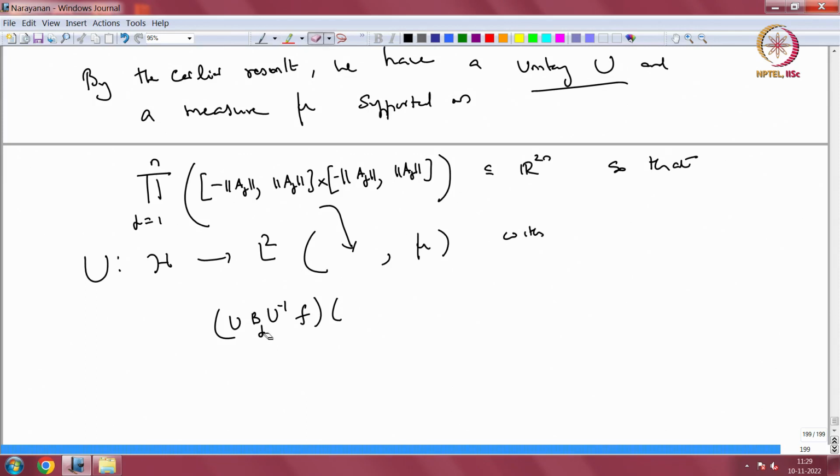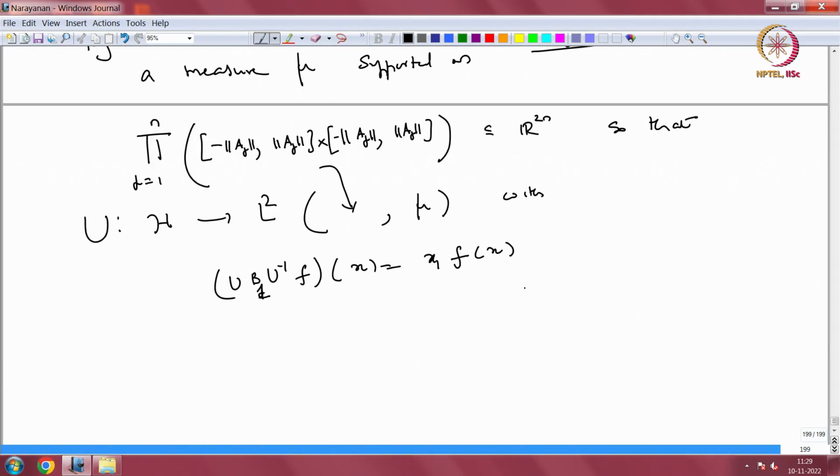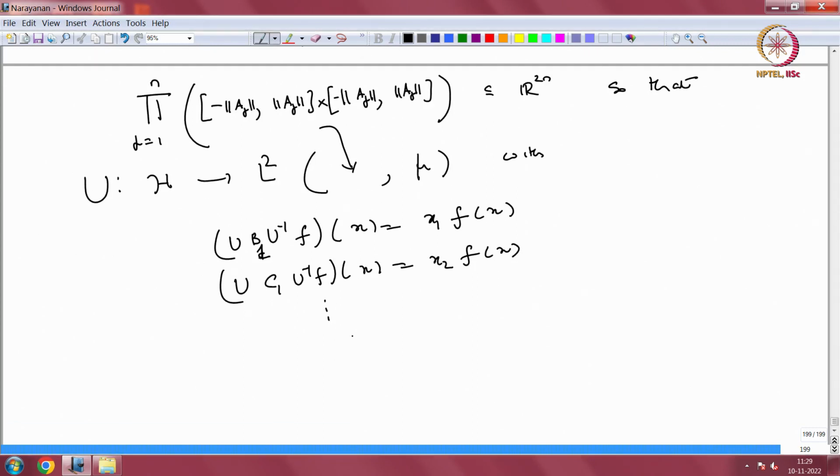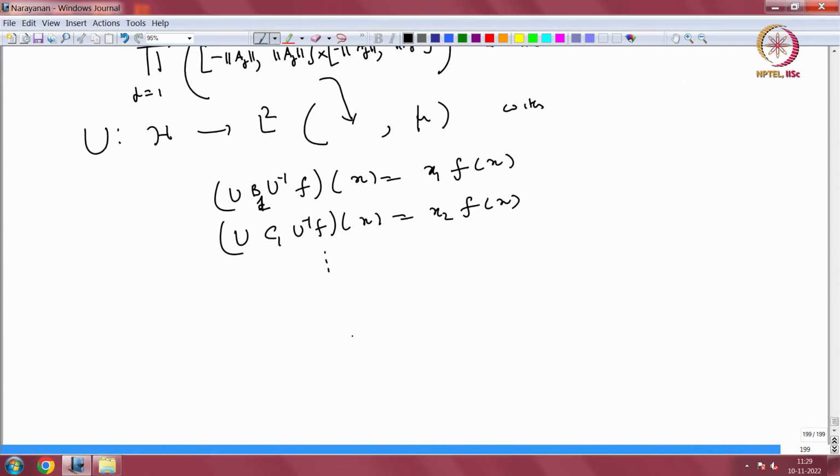So, let me write it for 1 and 2, so that this is clear. U B1 U inverse f at x equals x1 times f of x, x in R2n, and U is the same unitary, right. Okay, so U C1 U inverse f of x equals x2 f of x and so on, right. So, you can write down for appropriate indices it is B, for the other component it is C, right.